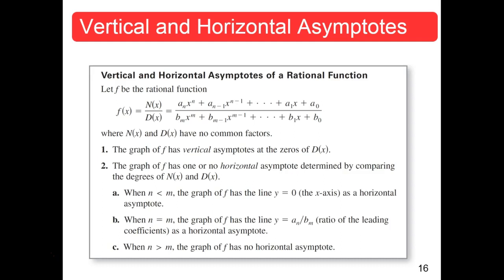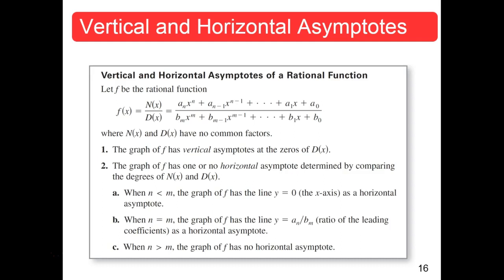Well, guess what? For very large x's, negative or positive, the ratio is going to be a huge number, either positive or negative. So therefore, this will not have a horizontal asymptote.